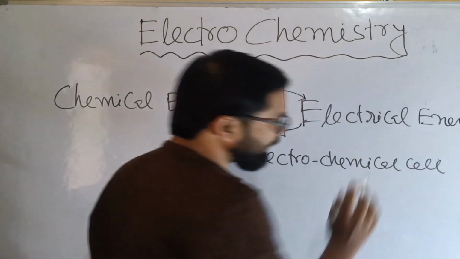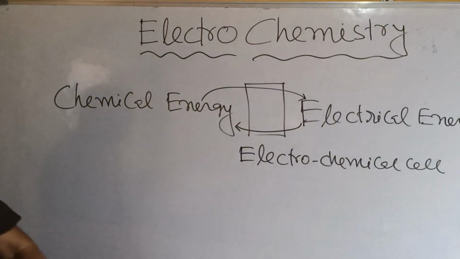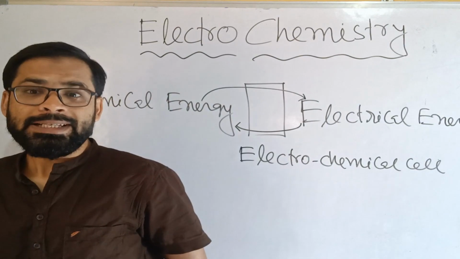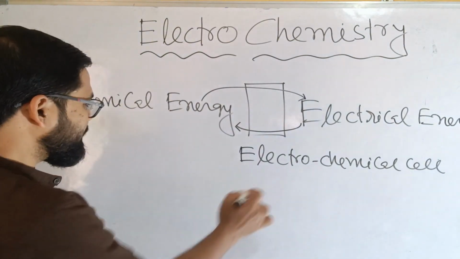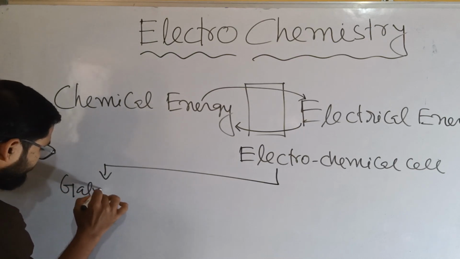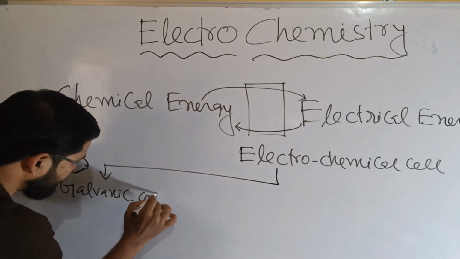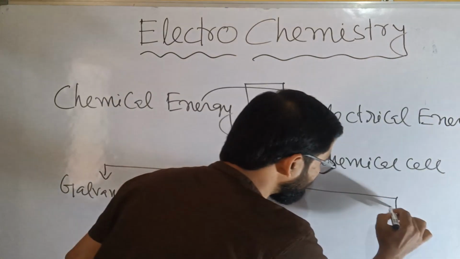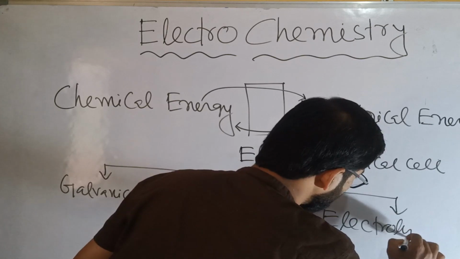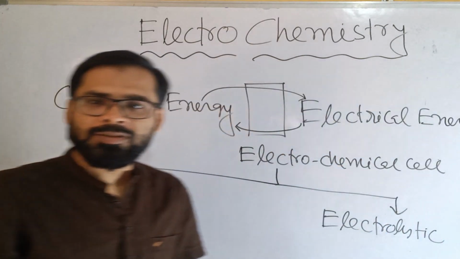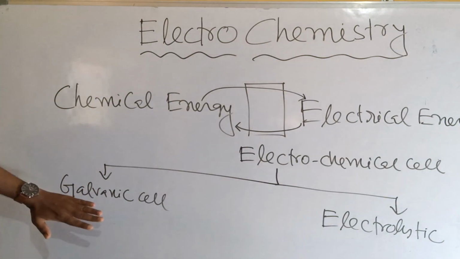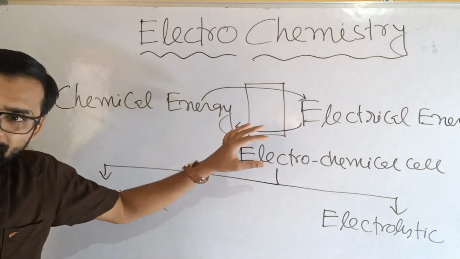There are two types of electrochemical cell. One is the galvanic cell, another is the electrolytic cell. In the case of the galvanic cell, this is also a device, an electrochemical cell.